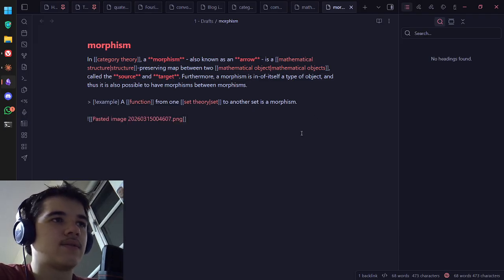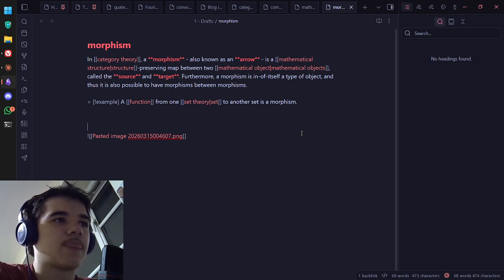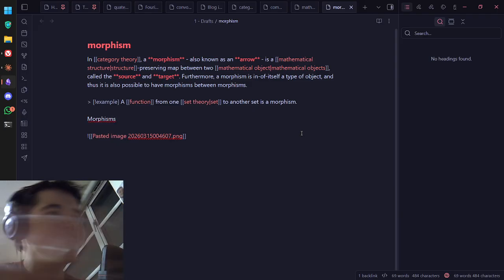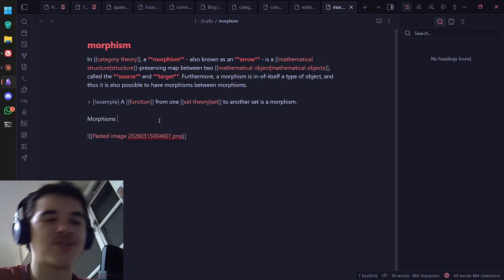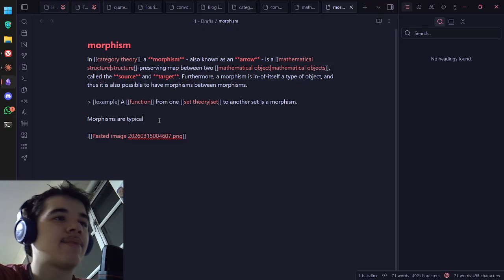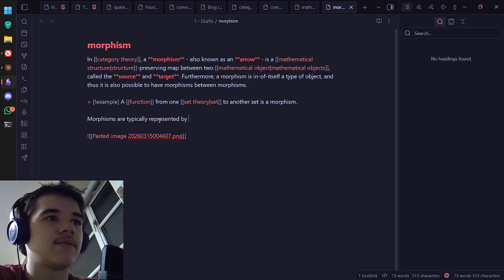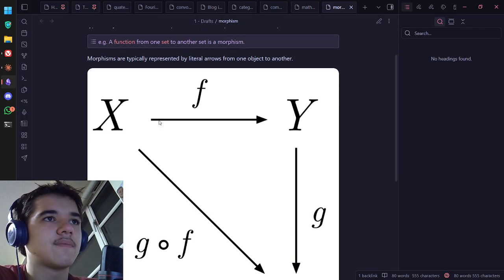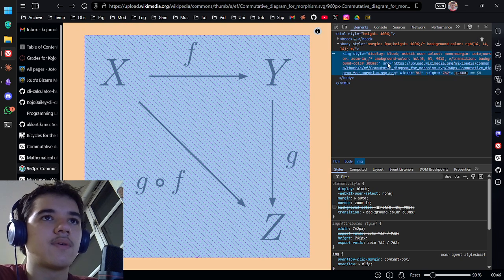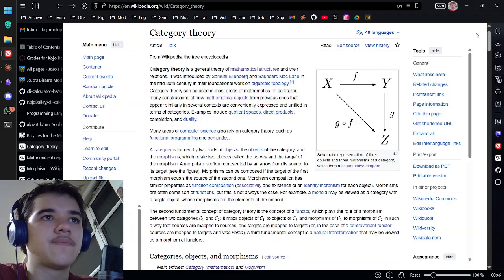Morphisms are typically represented by literal arrows from one object to another.